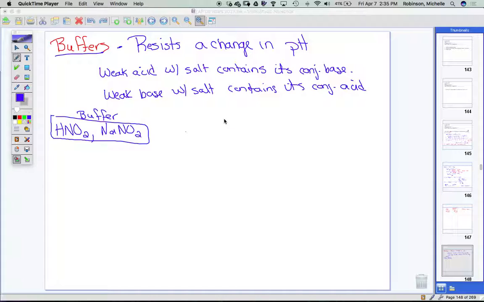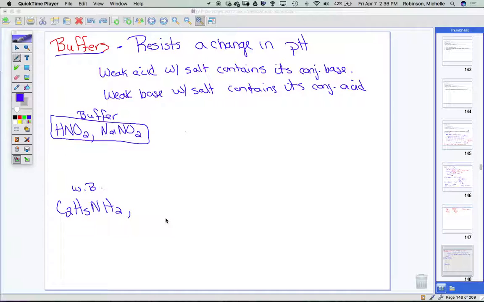Okay, the do now one, was that an acid or a base? That was a base. We can do that one for the base, which was ethylamine, C2H5NH2. Is that what it was? All right, so this is a weak base. What would be a salt with that in it?